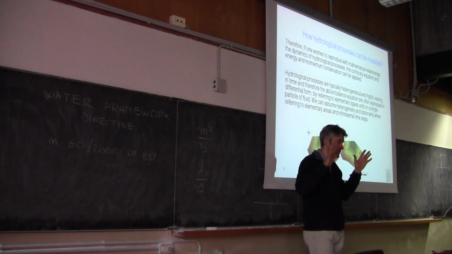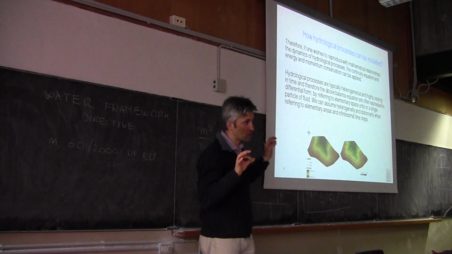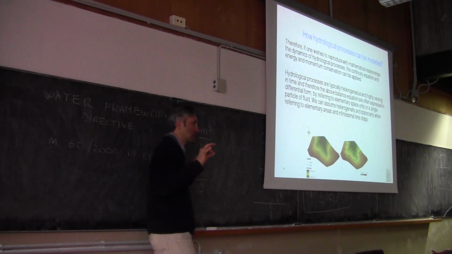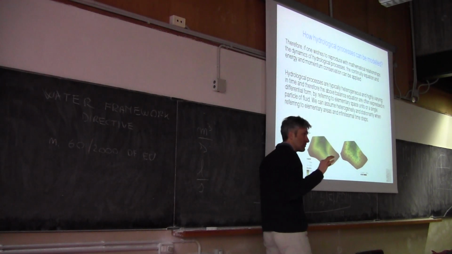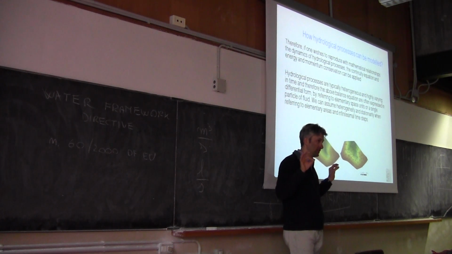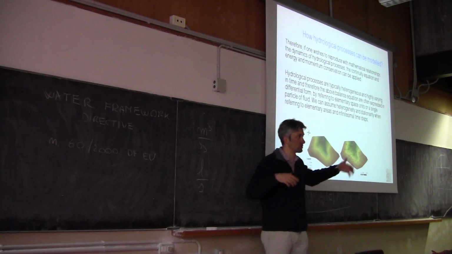I'm repeating. Definition of catchment, river basin, watershed, for a given cross-river section: the topographical surface such that all and only the water that rains on this area contributes to the river flow at the given cross-river section.